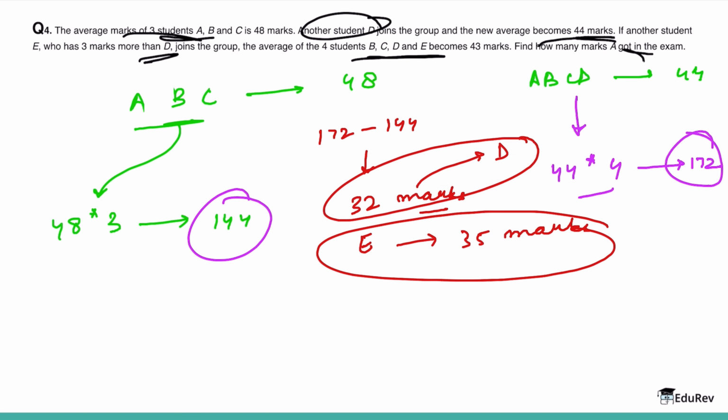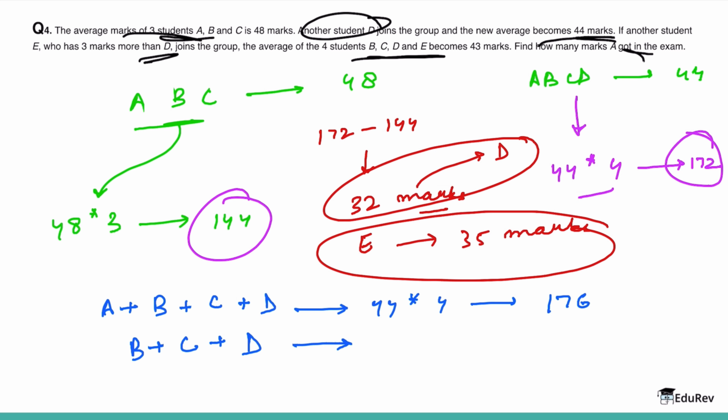Mathematically, A plus B plus C plus D has 44 times 4, that is 176 marks, whereas B plus C plus D plus E has 43 times 4, that is 172 marks. This is how I can portray this mathematically.